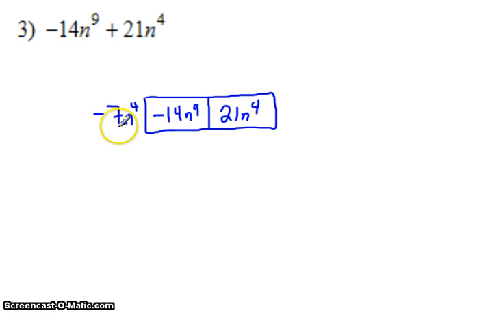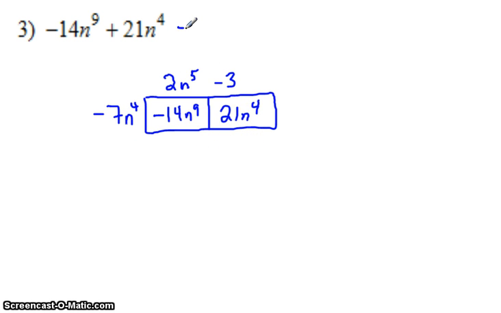And let's see what we got. Negative 7 times 2 is going to give me negative 14. n to the 4th times what would give me n to the 9th? That would be n to the 5th. Negative 7 times what gives me 21? Well, that would be a negative 3 to make it positive. And then n to the 4th and n to the 4th, we're all good there.